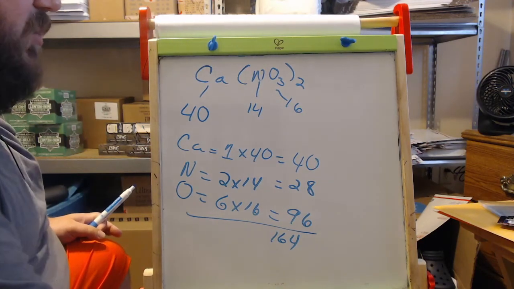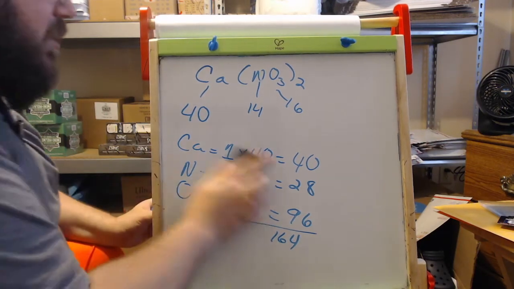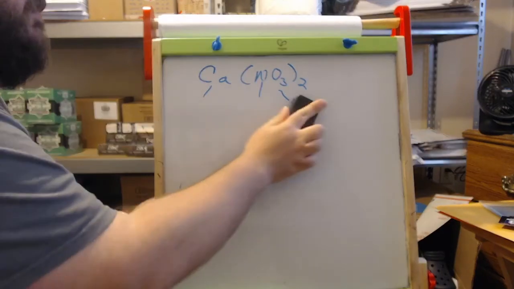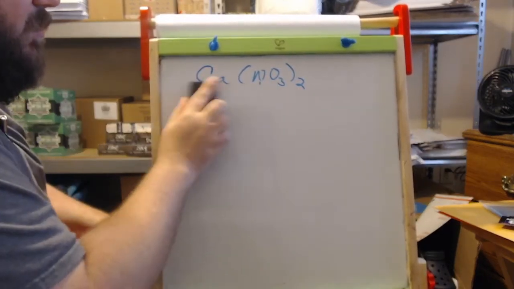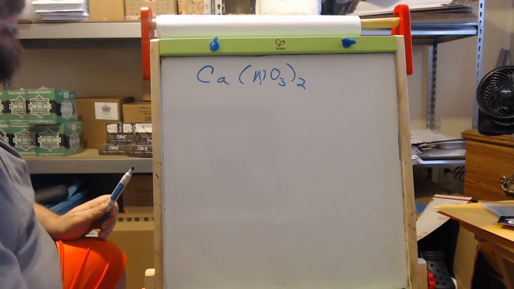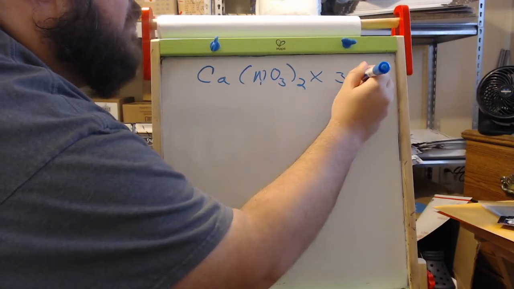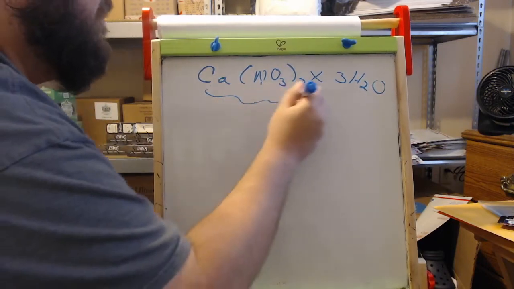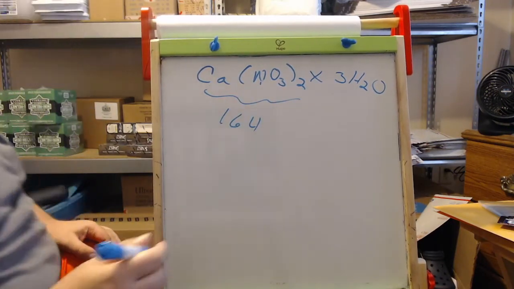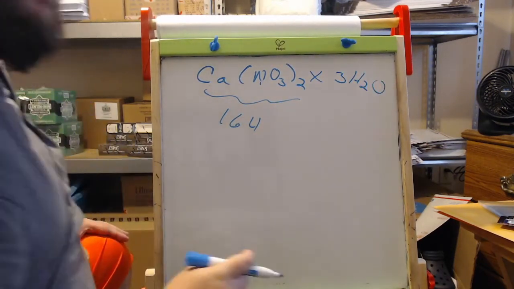Let's imagine, and I'm just going to make something up here, that it's a hydrated salt, which I talked about in that separate video. So it would say times, let's say, 3 waters. Where students get confused: we just did the math on this, and we said this is 164. Now, I have 3 waters.